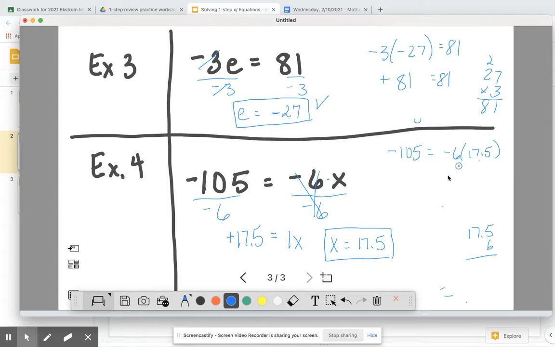A negative times a positive is going to give me a negative. So I'm going to write that down so I don't forget. Remember, I want it to equal negative 105. So this is going to give me 30. 42 plus 3 is 45. 6 times 1 is 6 plus 4 is 10. And there's one number after the decimal here, so I move it over here. So in fact, it is negative 105. So our solution is correct.